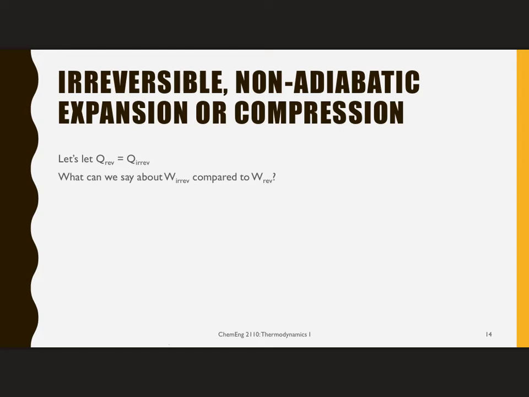Now, we will be proving this later, but a reversible process will produce the maximum amount of work possible, or if it requires work, it will require the minimum work possible.